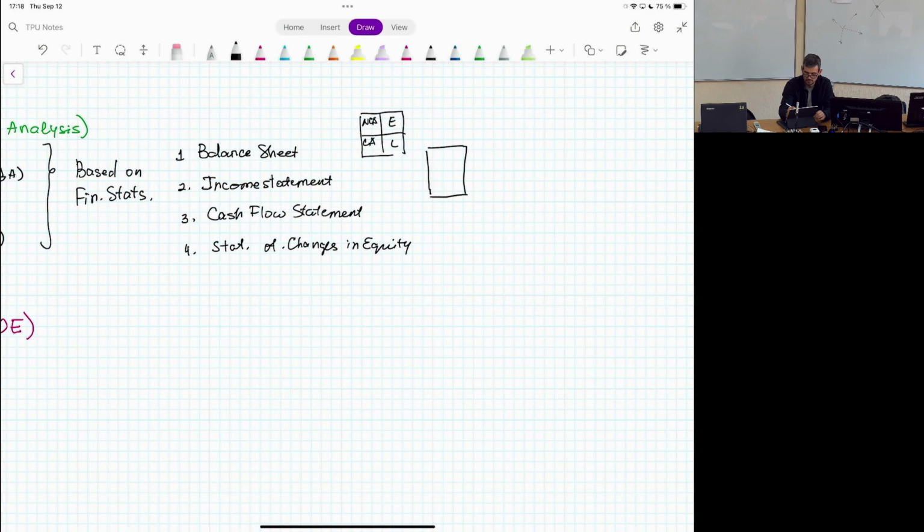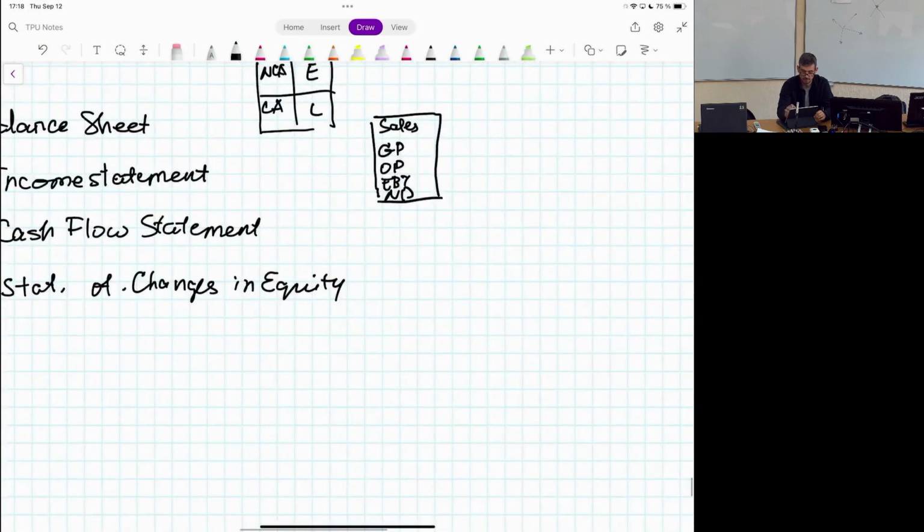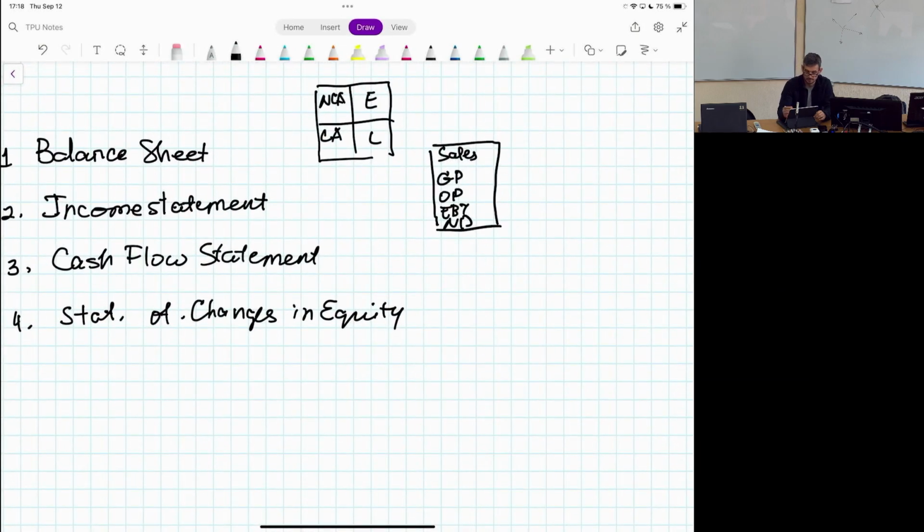So we have sales, and then we go down and we have gross profit, operating profit, earnings before taxes, and net profit. So this is the structure of the income statement. Well, cash flow statement usually is pictured in three sections. Operating activities, investing activities, financing activities. Okay? And statement of changes in equity, it's more like a matrix.